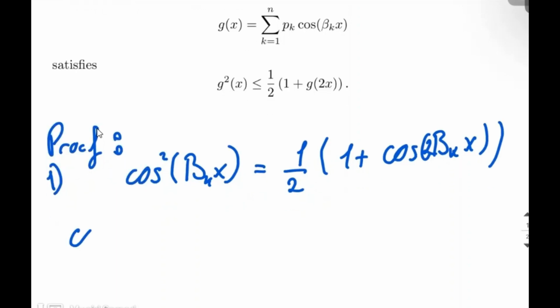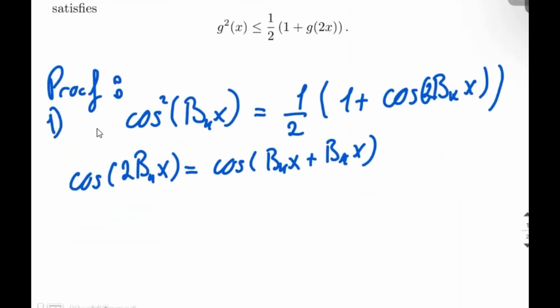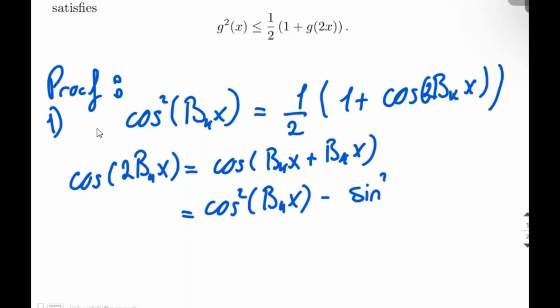Let's start out with the following. Cosine of 2 beta k x. This is the same thing as cosine of beta k x plus beta k x. Well, and here we can use the cosine formula. This is basically cosine squared of beta k x minus sine squared of beta k x.